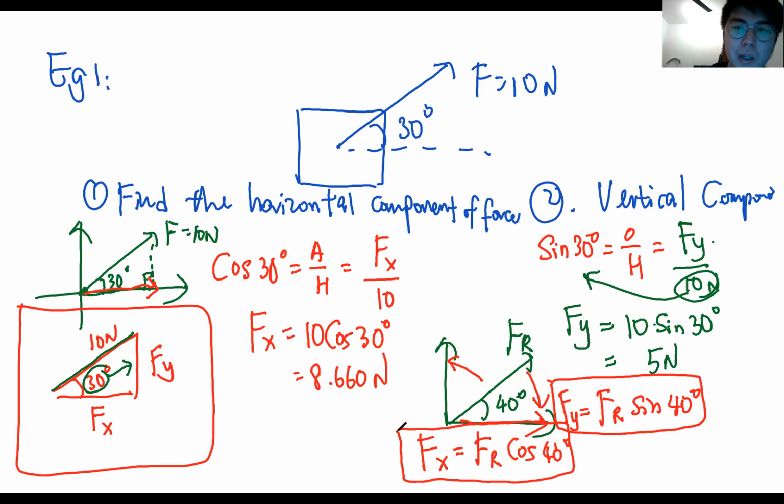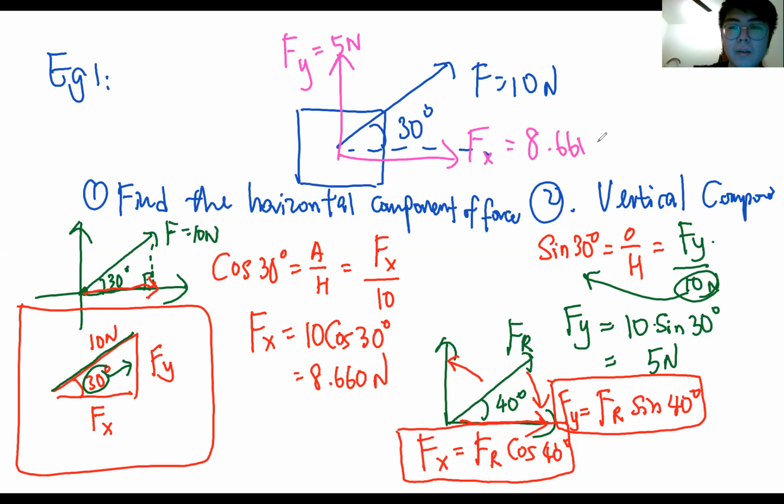The pink one is my Fy equals 5 N, and my Fx equals 8.66 N. If you combine these two, of course, you will get back your resultant force, which is 10 N. So this is how we resolve forces into vertical and horizontal components.